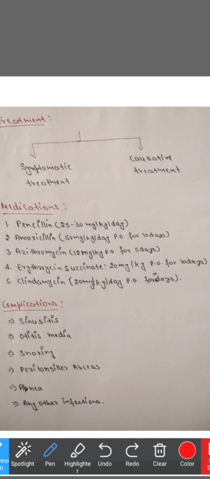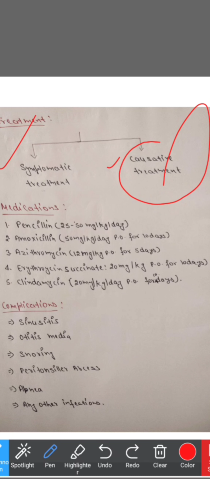In the treatment of the tonsillitis, management of the patient with the tonsillitis is classified into two ways. First is symptomatic treatment and second is causative treatment. In the symptomatic treatment, as the name suggests, according to the patient's symptoms we will give the treatment. The other way of treatment of the tonsillitis is causative, and causative treatment is related to the bacterial species.